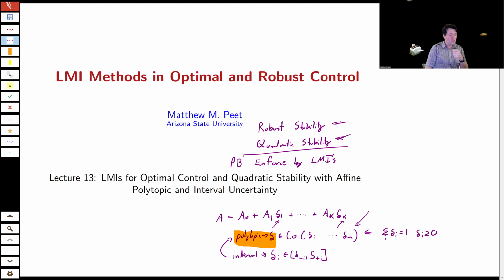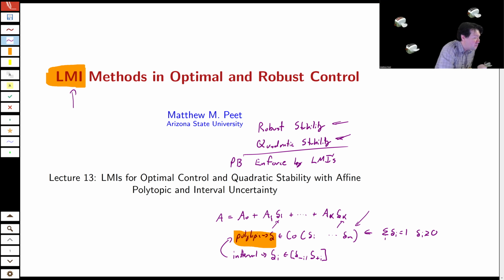So the LMI framework is really a requirement to be able to study these kinds of systems. The results that we'll give in this lecture really have no non-LMI equivalent. So the LMI part of this flavor or slant of this course is really necessary here, because there's just no way around it, and we'll see that especially when we get to this notion of quadratic stability. So we'll come back to that.